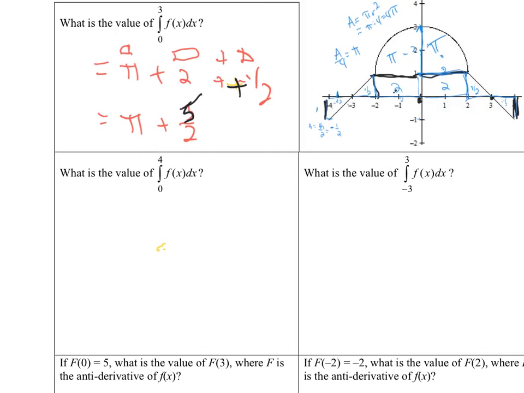All right, if I'm going from 0 to 4, it's the previous answer minus that triangle.